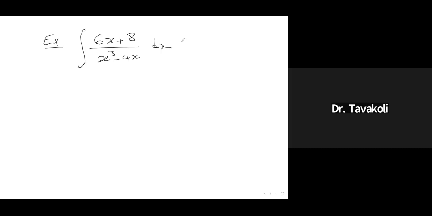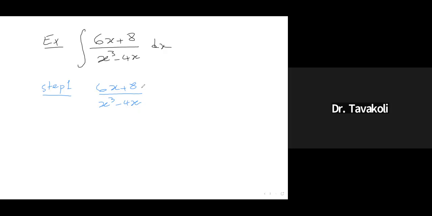It's x cubed minus 4x. As you might remember from the previous video, in step 1, we write this rational function, 6x plus 8, or any rational function that we dealt with, as we saw in the previous video.